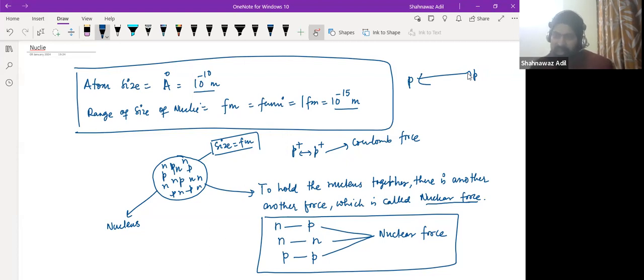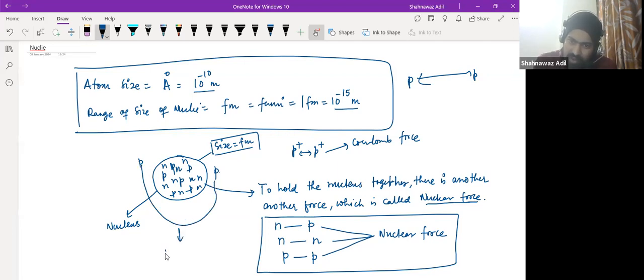But I'm asking, if these protons are not inside the nucleus, right? Let's say you have a proton here and a proton here, so they will not experience nuclear force.